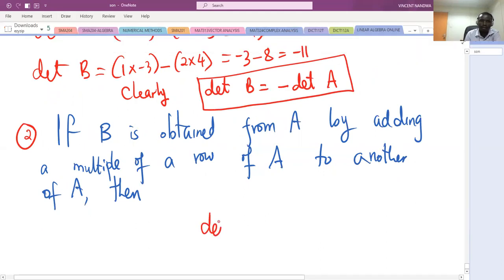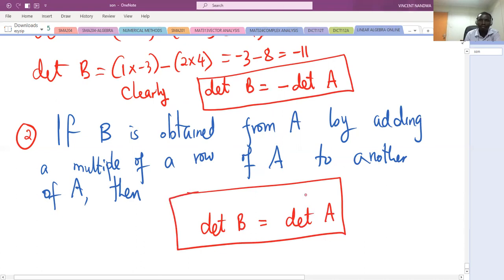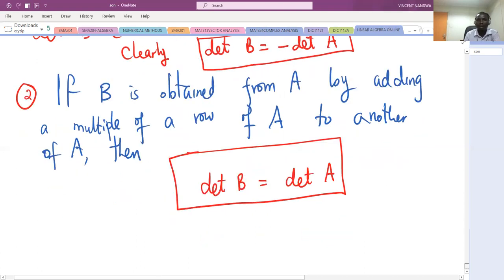The determinant of this matrix B is the same as the determinant of A. So it doesn't change the value of the determinant when adding a scalar multiple of one row to another. And then we demonstrate by an example.